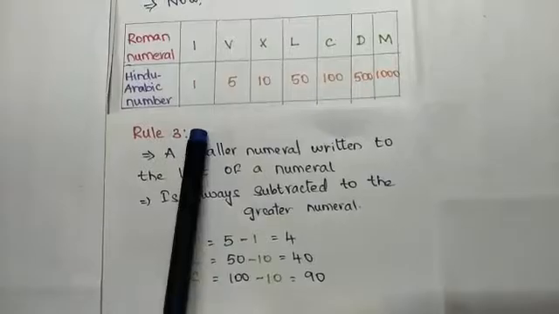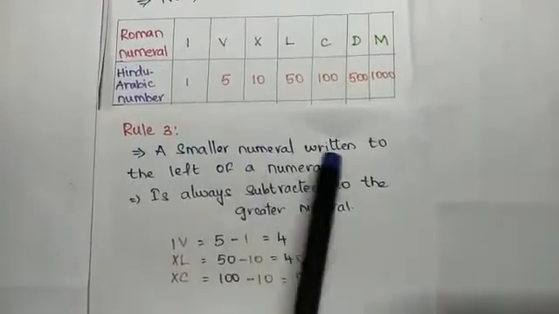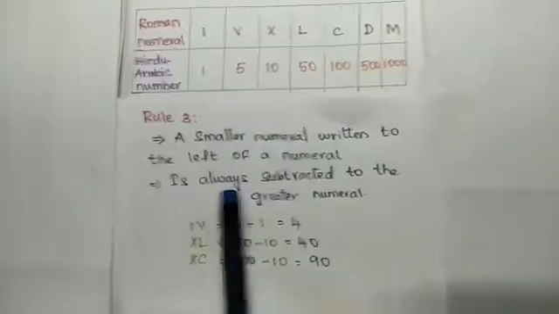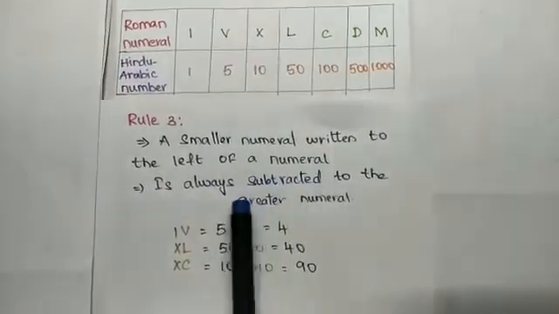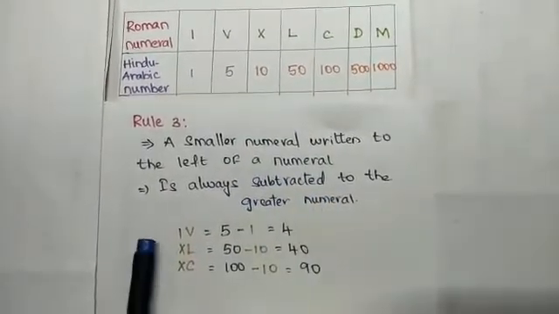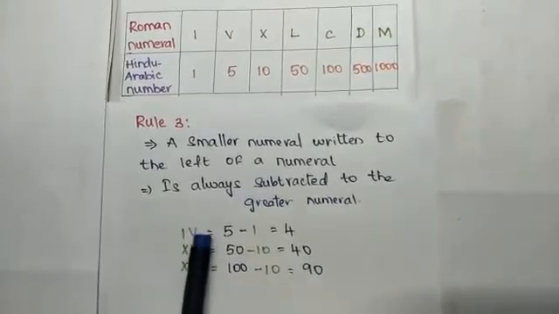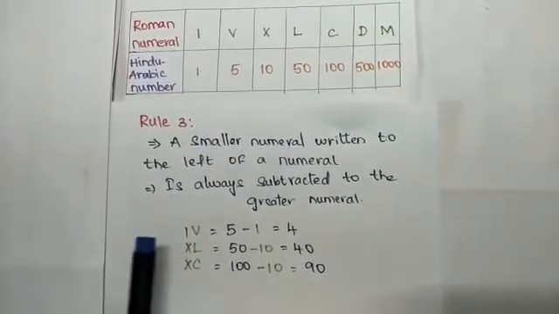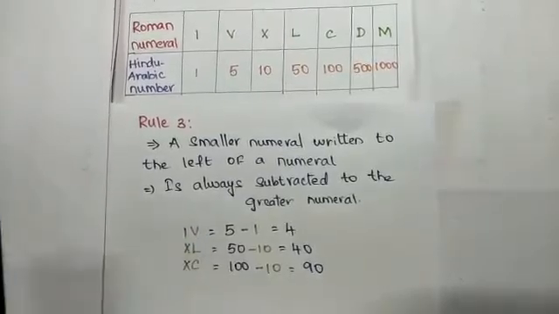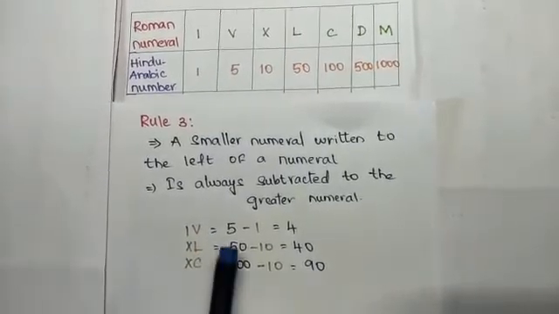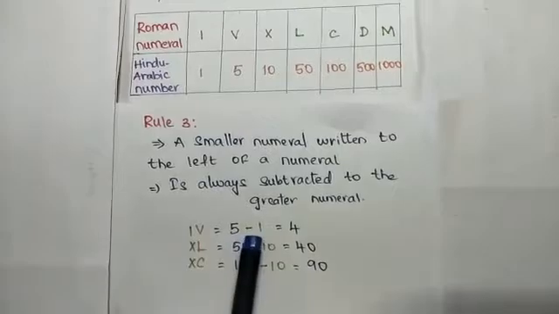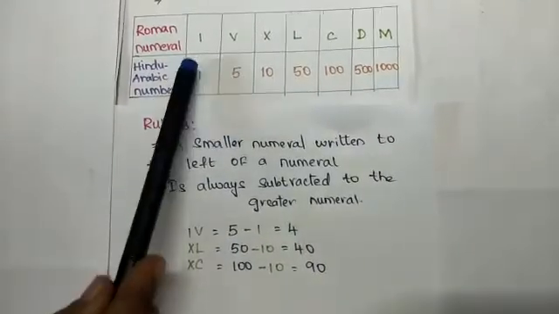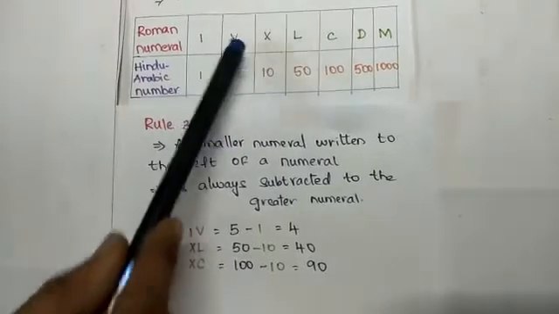Now rule 3. A smaller numeral written to the left of a numeral is always subtracted from the greater numeral. Here it is the smaller numeral and here it is the greater numeral. When the greater numeral is on the right and the smaller numeral is on the left, we have to subtract. Here I and V. I is less and V is 5.